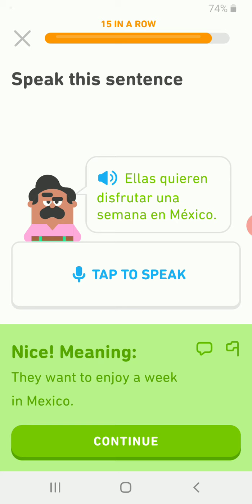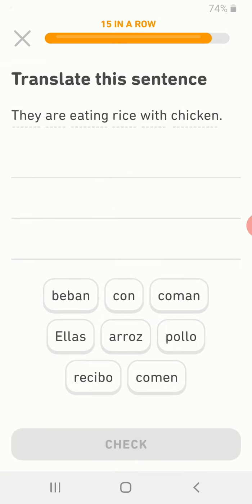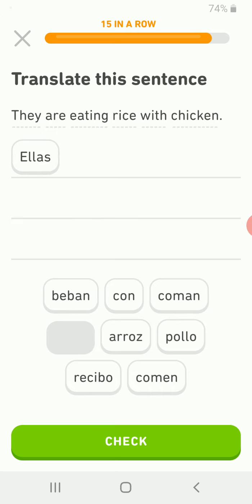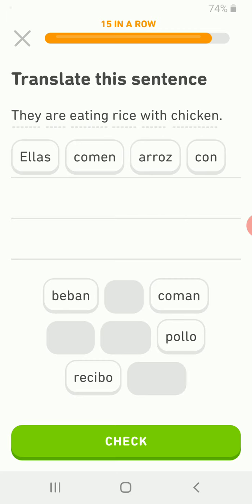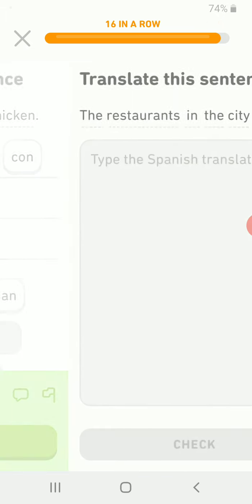It's not un fin de semana, but una semana, a week in Mexico. Good. Translate this sentence. They are eating rice with chicken. It's very easy. Ellas comen. Comen what? Coman? It's comen. It's not correct. See, that was the catch. Ellas comen arroz con pollo. Good job.